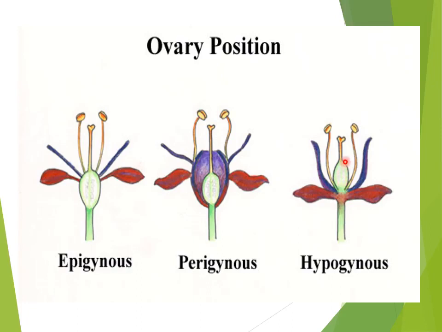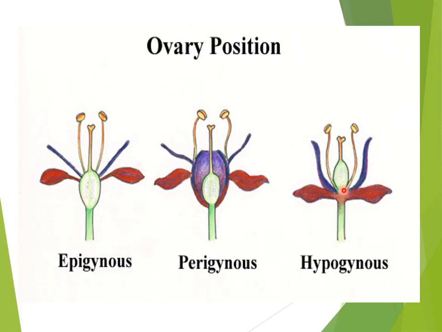The second is known as the perigynous, half superior, half inferior. In this diagram, this green color is the ovary and this is the ovary base. Now the sepals, petals, and androecium position. Sepals are below the base of the ovary, but the corolla or the petals or the stamens arise above the ovary.